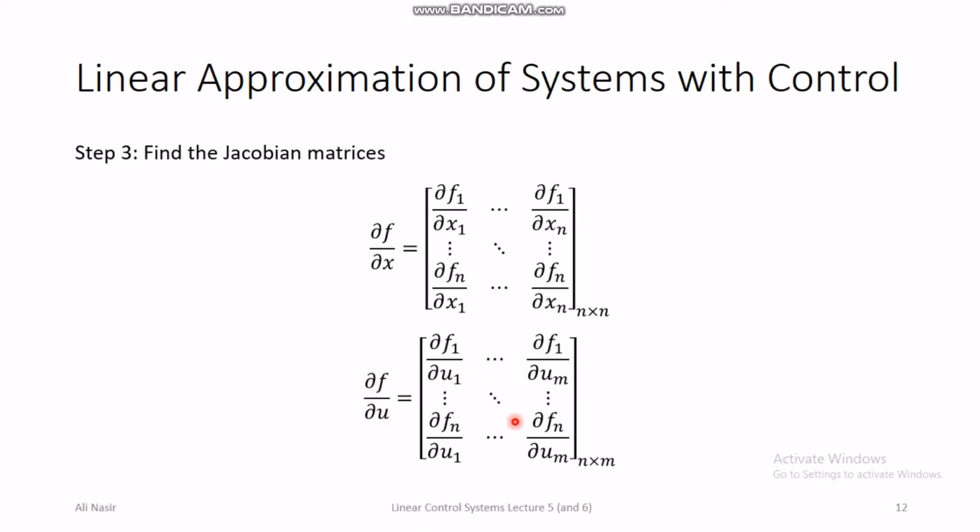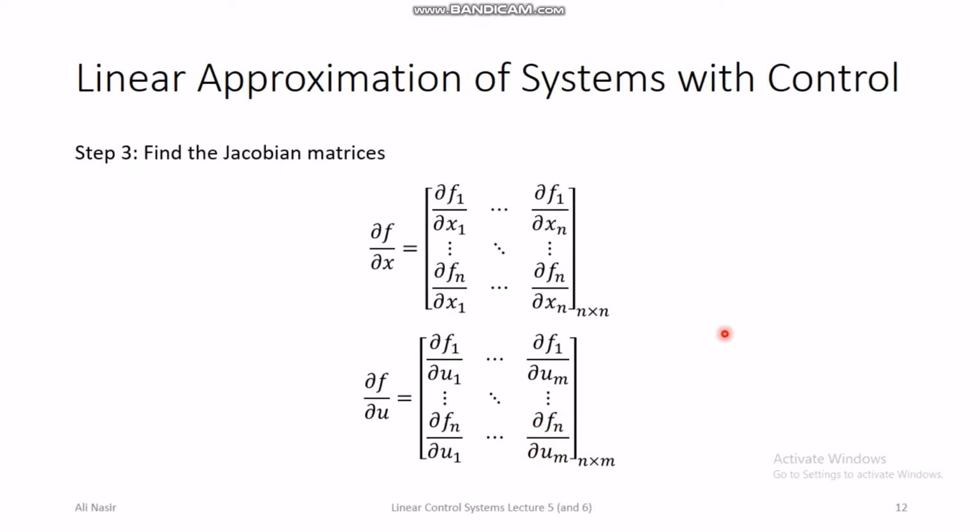If u is u1, u2, u3, up to um, so u is an m cross 1 vector, then this matrix will be n cross m. The first row will be partial f1 by partial u1, partial f1 by partial u2, and so on up to partial f1 by partial um, and similarly the last row will be partial fn by partial u1, partial fn by partial u2, up to partial fn by partial um.